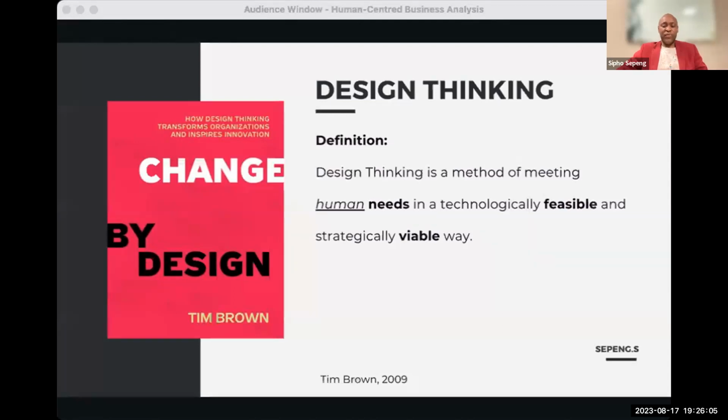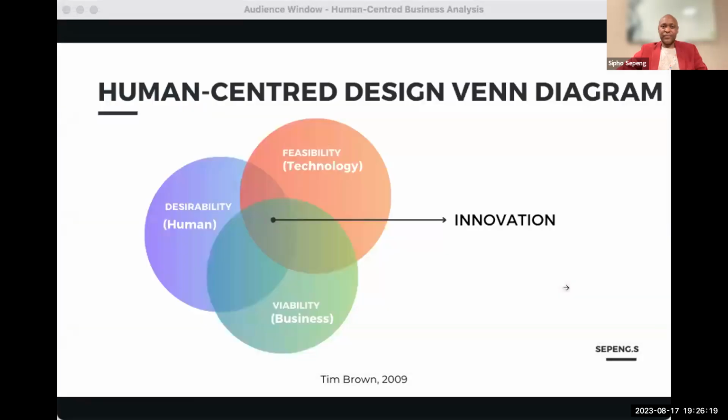So let's explore further how the design thinking is structured and how this compares to the SDLC process as well. So taking from the definition, we'll look now at this human-centered design diagram. In the definition, he made reference to human needs, technological feasibility, as well as viability.